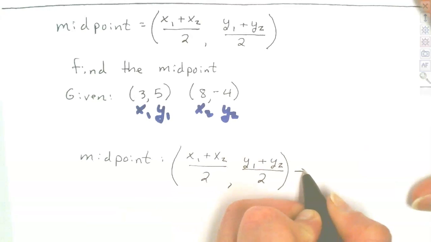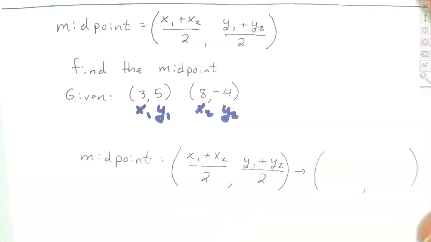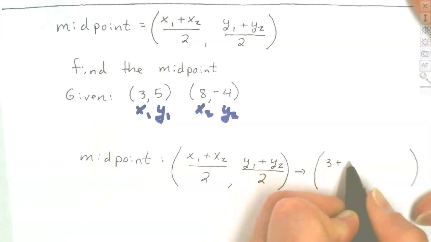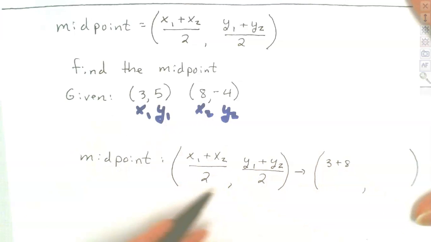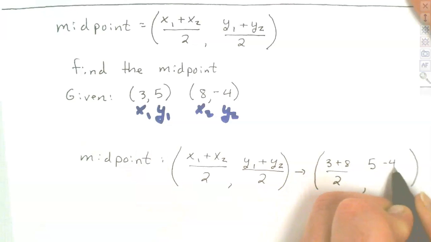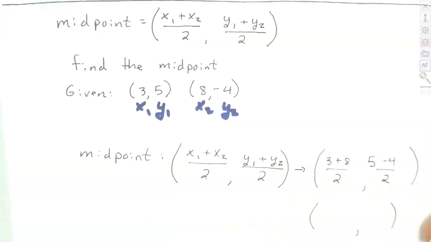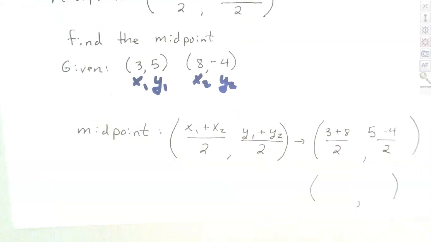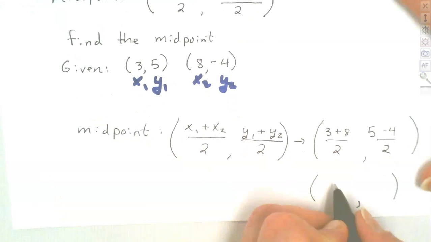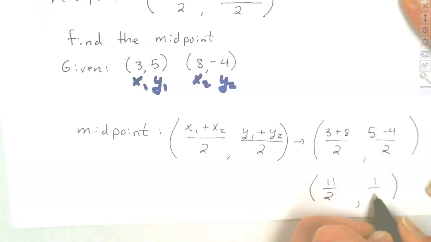And if I go ahead and fill in our ordered pairs, we have 3 plus 8, it's our x's, over 2, and 5 minus 4 over 2. You'll want to break this down, if possible, here. 8 plus 3 makes it 11 over 2. That's not going to reduce down. 5 minus 4 is a 1 over 2.